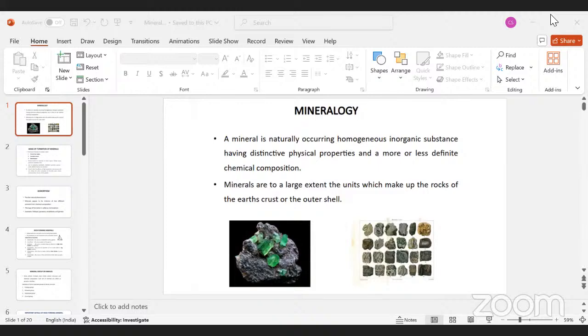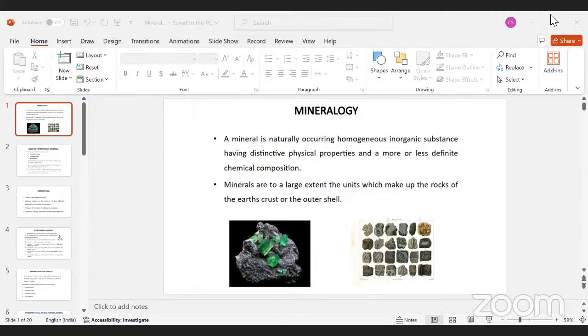What is mineralogy first? We know that in the first semester, I hope we have studied the different formation of rocks, for example igneous, sedimentary and metamorphic rocks. A rock is an aggregation of different minerals.